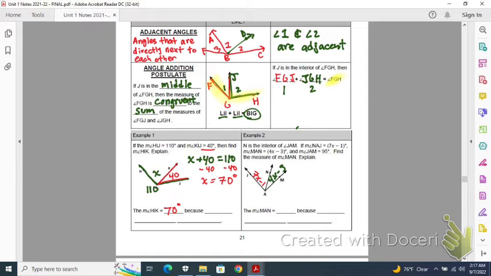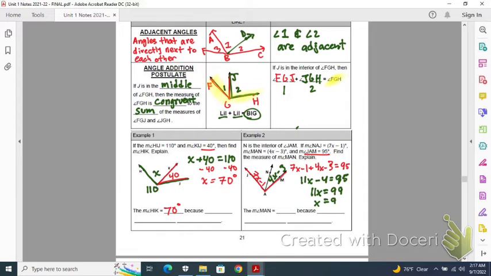Okay, so we're going to do 7x minus 1 plus 4x minus 3 is going to be the whole angle JAM, which is 95 degrees. First thing, guys, is to combine like terms. 11x minus 4 will give you 95. Add 4 to both sides, you get 11x equals 99. And you end up with x is equal to 9.